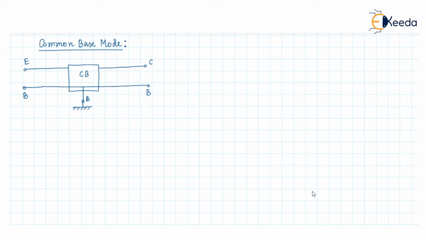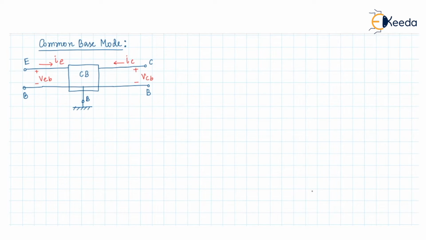According to the two-port analysis, the IC current will be in this direction. This is the IC current, this is the IE current, and the voltage will be VEB, and here the voltage will be VCB. So this is the common base connection.